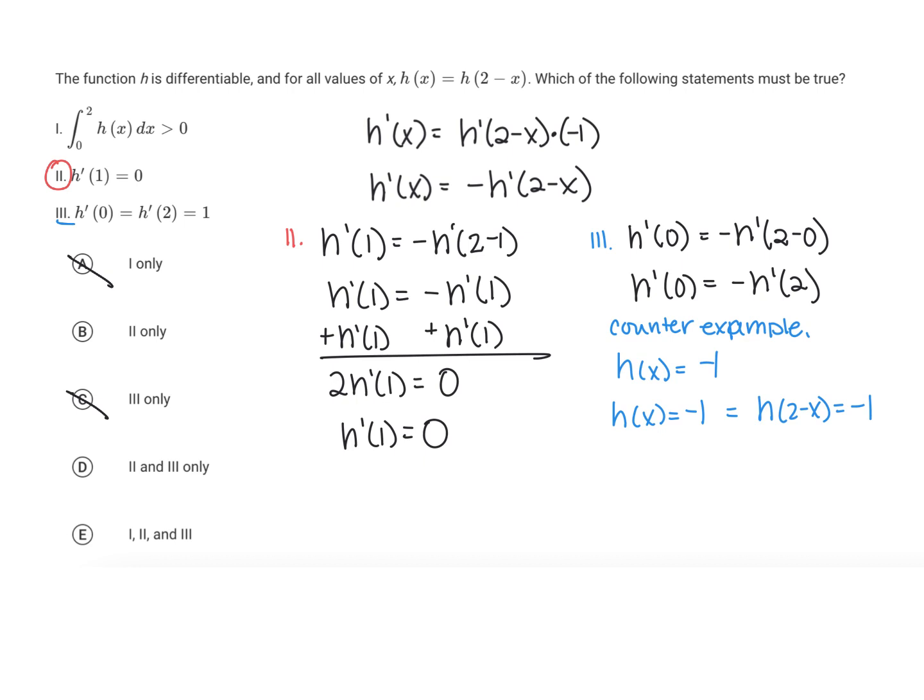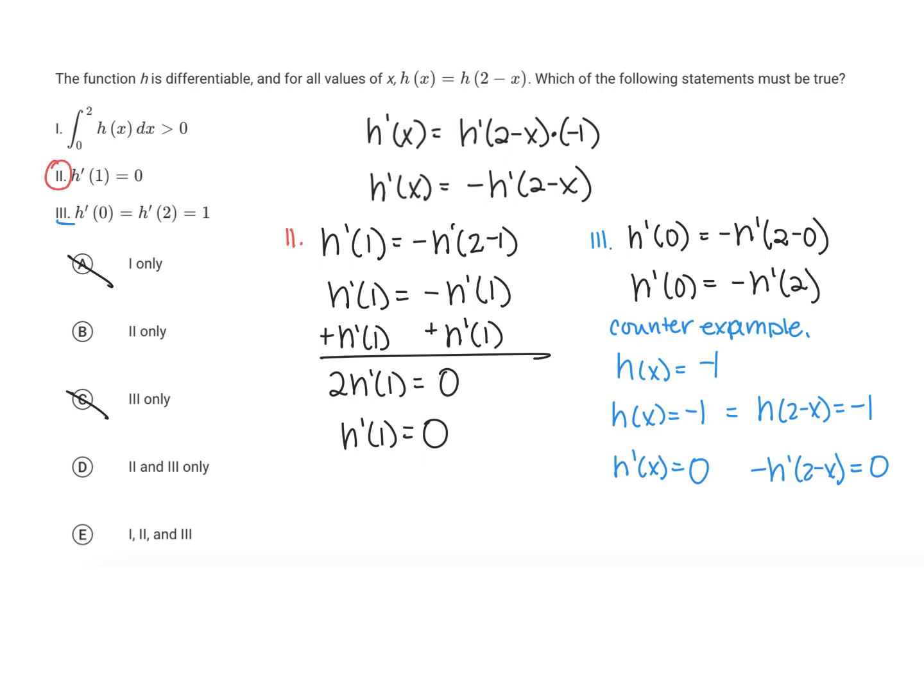Let's say, for example, we take the derivative. If I take the derivative here, h prime of x in this case would be 0, and negative h prime of 2 minus x would also be 0.